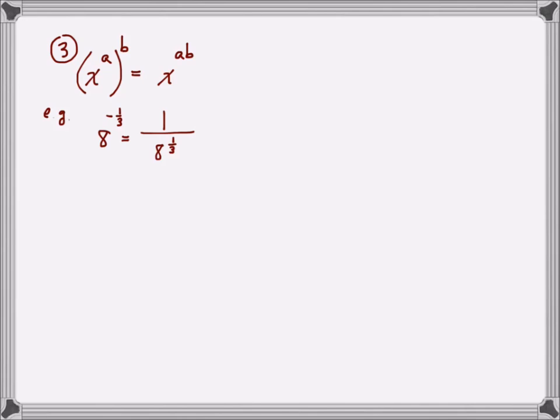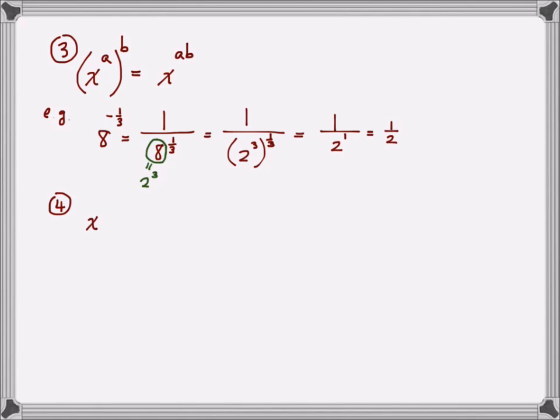Then I'll realize that 8 really is 2 to the 3. I can rewrite the whole thing as 1 over 2 to the 3 and then raised to the 1/3 power. So the 3 here is an a, and the 1/3 there plays the role of b. And by the rule, I can just multiply those two numbers. That's 3 times 1/3, which turns into a 1. So this answer is just going to be 1/2.